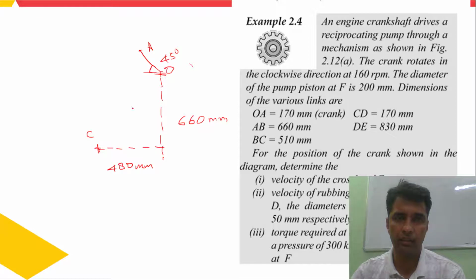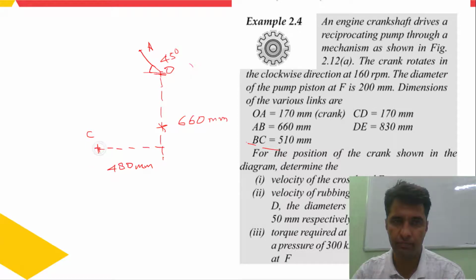So it's C, and now you have A. Now you can look at the AB length, which is 660 mm. So from A, mark an arc of 660 mm. Let's say this 660 mm arc is cutting over here, and from C, take an arc of length BC, that is 510 mm. Let's say this is intersecting over here.